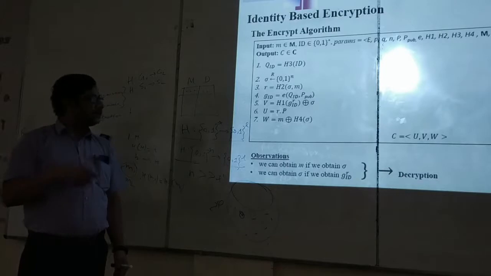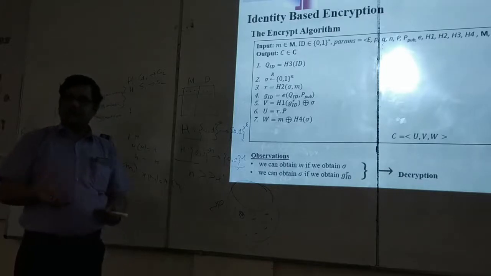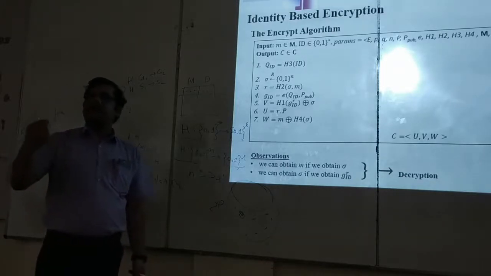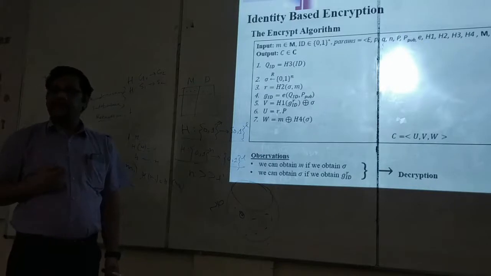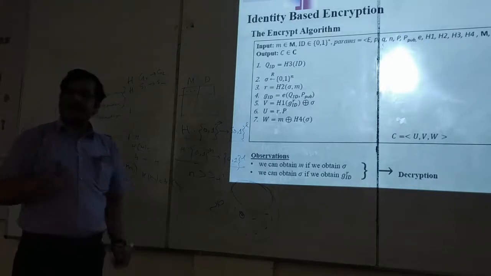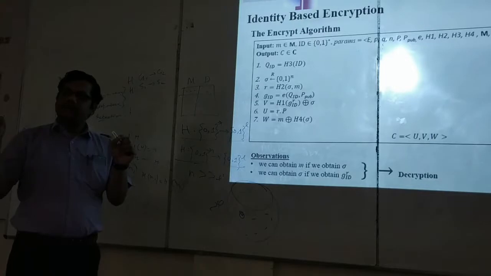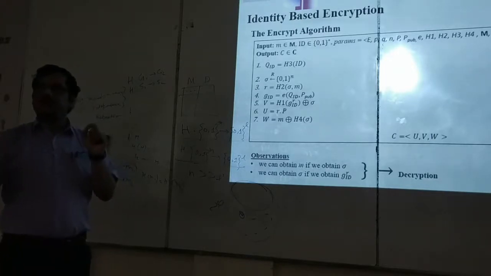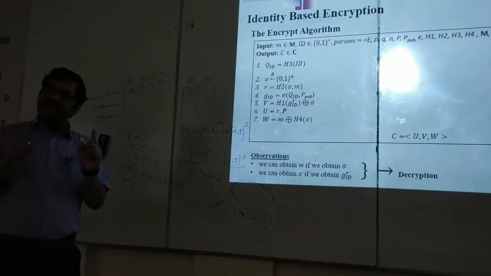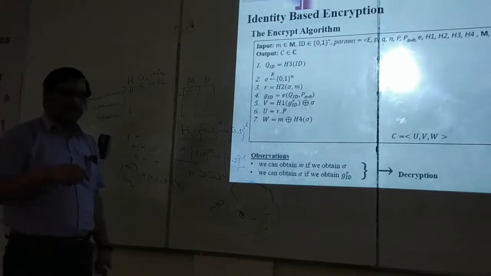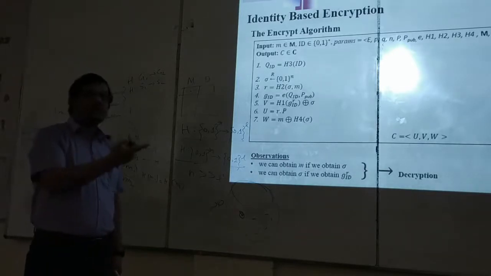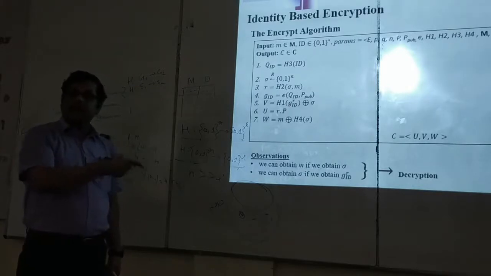So this is a modular exponentiation, not normal exponentiation. So GID power R mod p. That means this is something between 1 and p minus 1. That means an element in FP is taken as the input by H1, and it is supposed to produce what? What was the definition? An n-bit string.